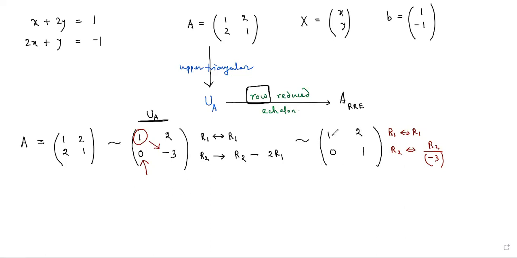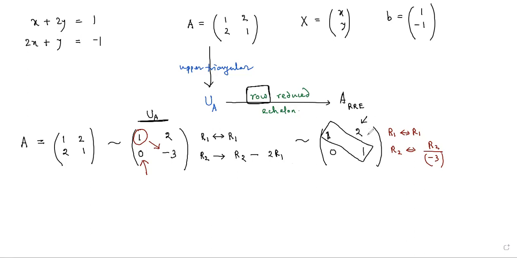Our next job, since these two elements have come out to be 1 1, is to make the element 2 to be 0. As I told you in the rank method, first of all we make it 1 and any other element coming below it 0, then we move diagonally to the right hand side and do the same operation over here.